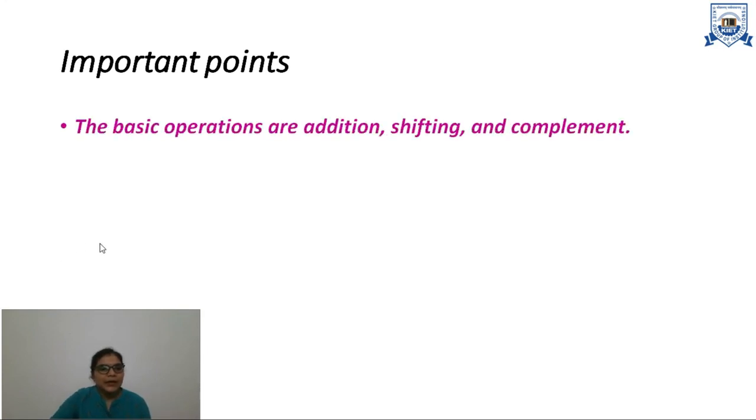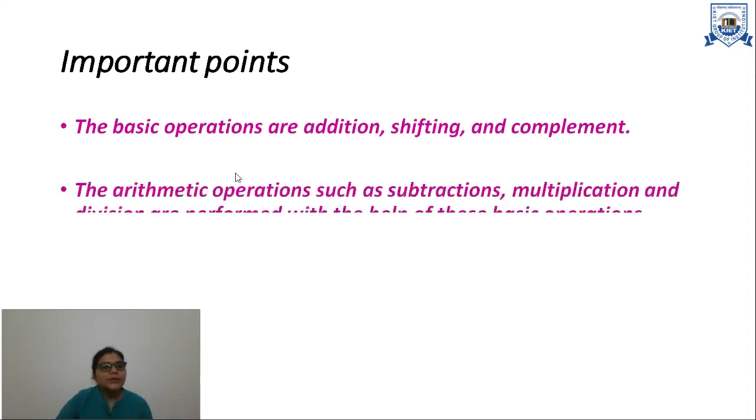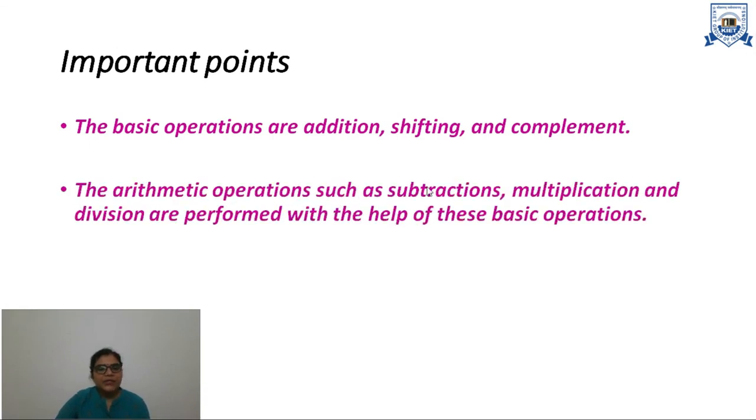As we studied, the basic operations of a computer or processor are addition, shifting, and complement. So how will other operations be performed in a computer? The arithmetic operations such as subtraction, multiplication, and division are performed with the help of these basic operations. Subtraction will be converted into an addition operation.